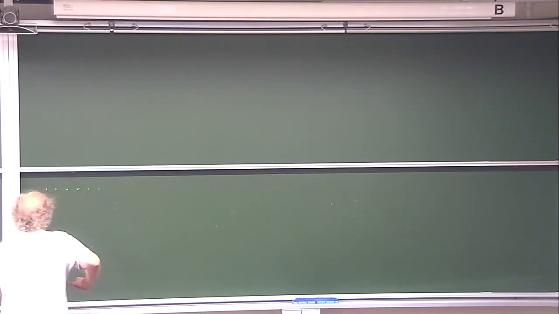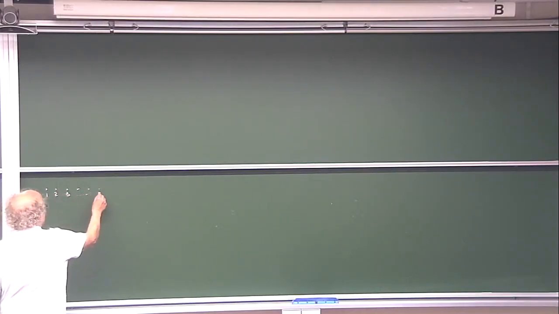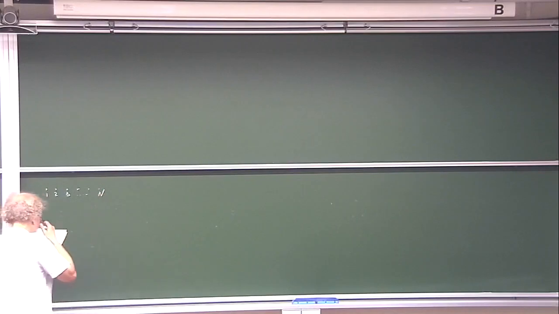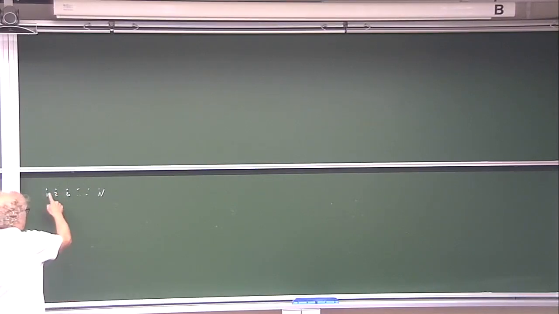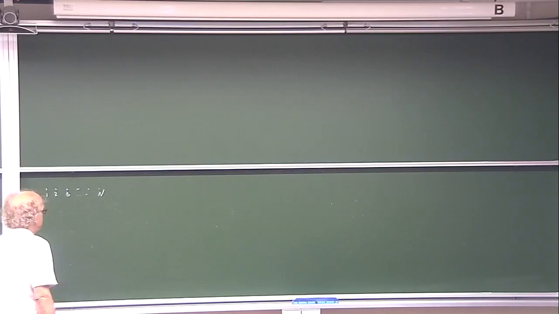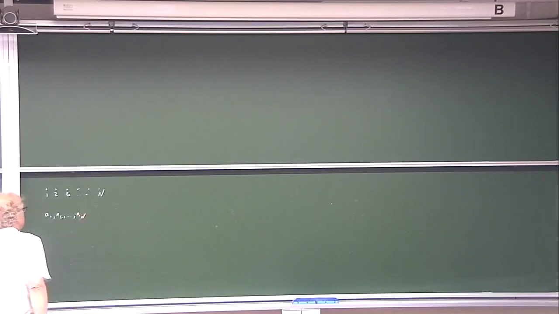So it means that I have points just labeled by 1, 2, 3, and so on till n. Just from the point of view of pure combinatorics, it means that I have a polytope and A1, A2, and so on, AN.